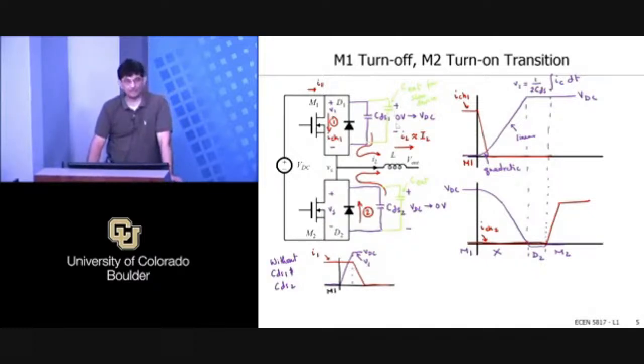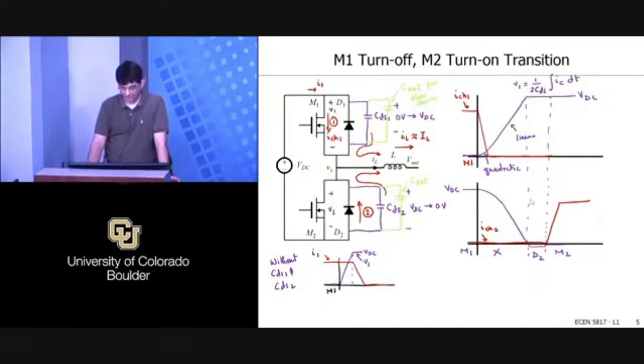It was really a game between how fast the channel of the device can turn off versus how big the capacitor was. You didn't want overlap between the current going through the device and the voltage rise across the device, so the current was shifting off to the capacitors. Here's the M1 transition and here's the M2 transition, and both basically are lossless.